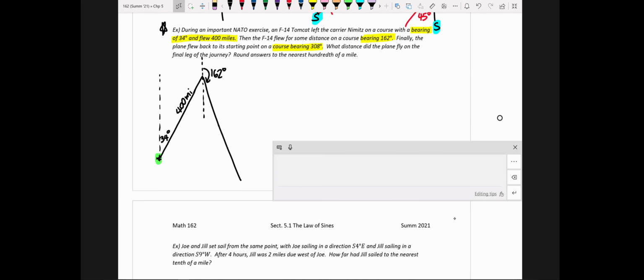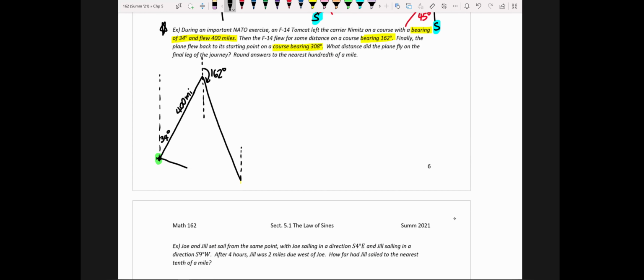So they gave us the bearings for all three legs. We have bearing of 34 degrees, then bearing of 162 degrees, and now bearing of 308 degrees. So 308 degrees is 52 degrees shy of one full rotation. So we know that we've traveled all the way down here.